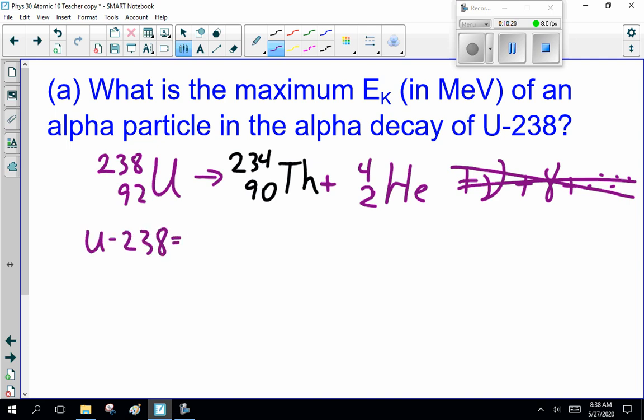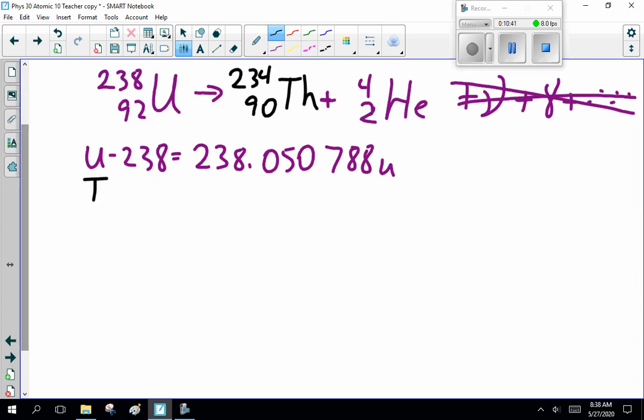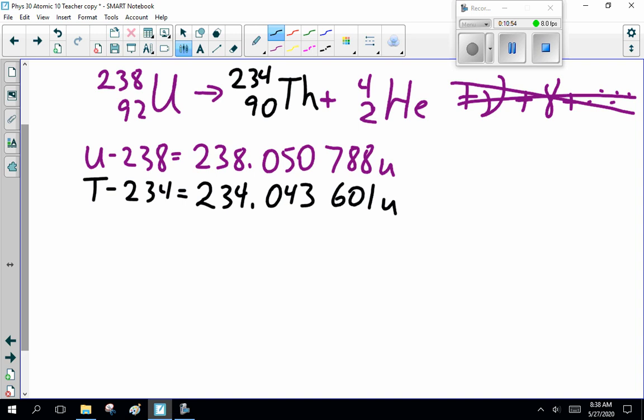U-238, go to our chart, is 238.050788 atomic mass units. Thorium-234, according to our chart, is 234.043601 atomic mass units.